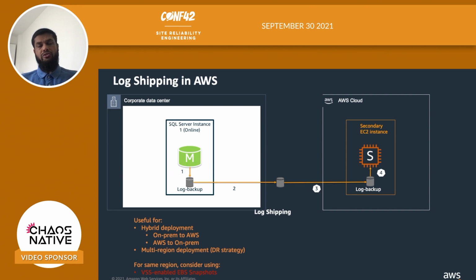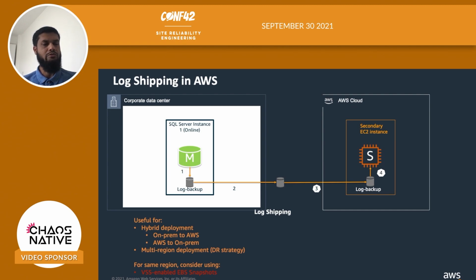Cool. So coming into AWS, if you were to do this setup in AWS, you have the primary sitting on premises and you want to do a lights-on DR, then you have log shipping. You can use a similar model where on-premises you're backing up the data, pushing it across into an S3 bucket, and then we are just copying from the S3 bucket and applying it to an EC2 instance, a SQL Server running on EC2.